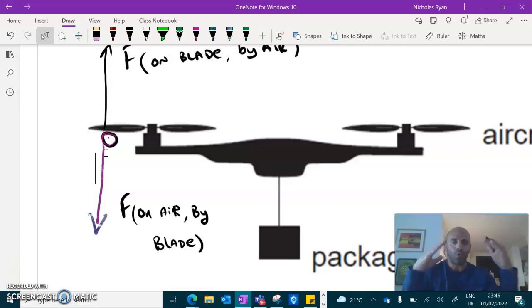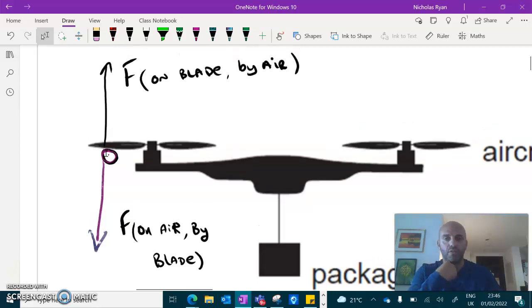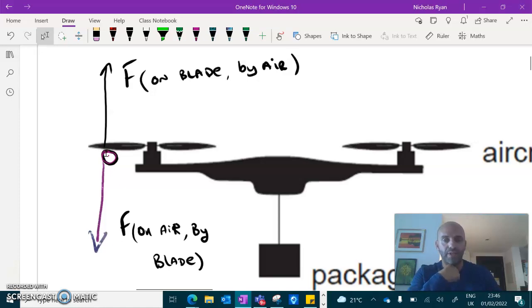So with the interaction between those two objects, you've got a force pair generated. One is the force felt on the blade by the air, and obviously that's what's giving you the lift force, and then the other one is the force felt on the air by the blade, and that's the one that's pushing the air down, okay?